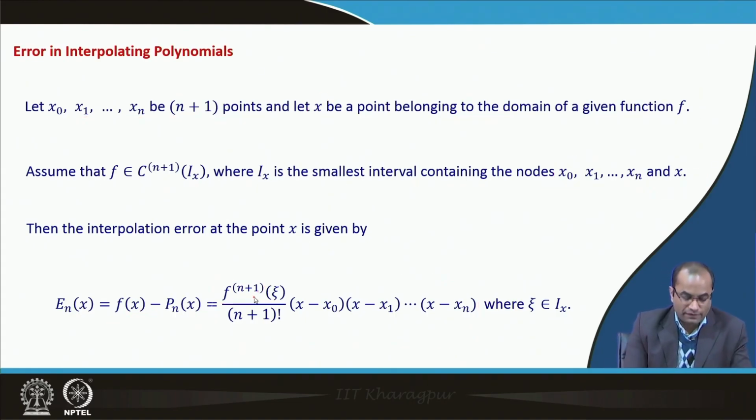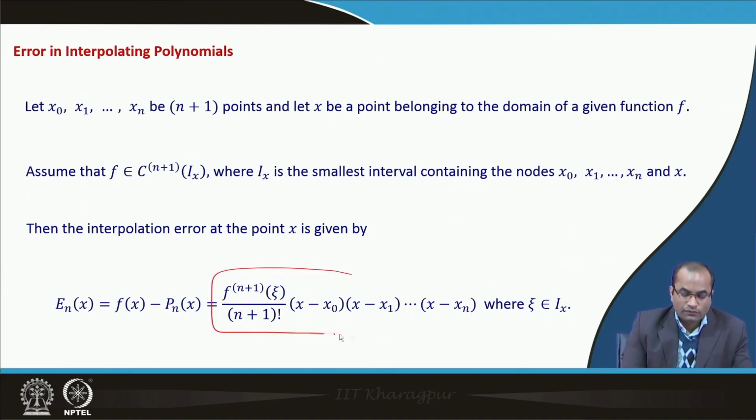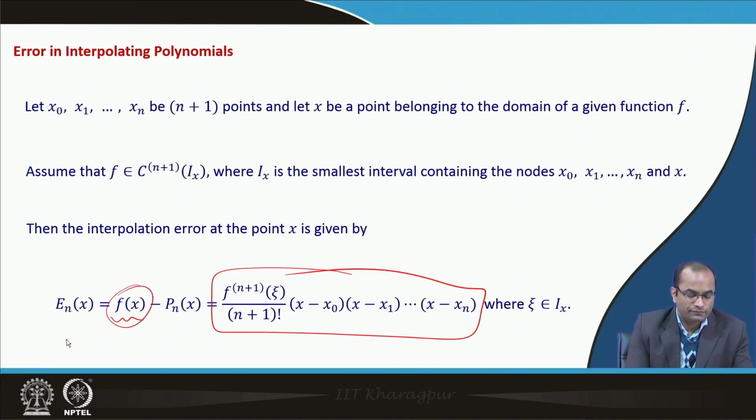So, f's n plus 1th order derivative at some point xi, which belongs to this interval itself, divided by factorial n plus 1, and there is a product here: x minus x0, x minus x1, ..., x minus xn. This is the error we have when we interpolate or approximate this function by the polynomial taking these n plus 1 points.